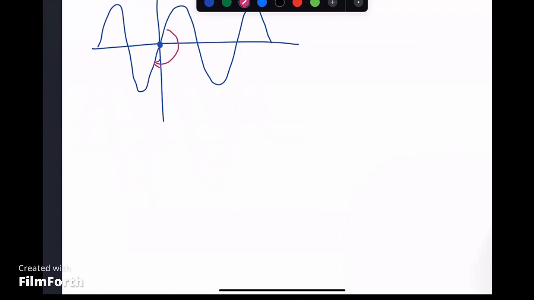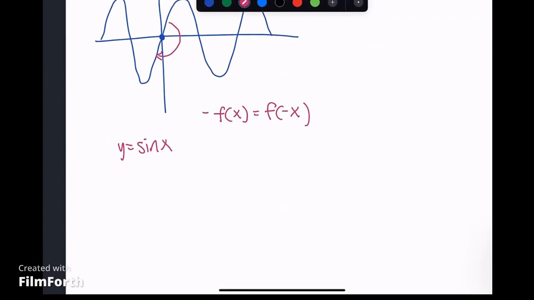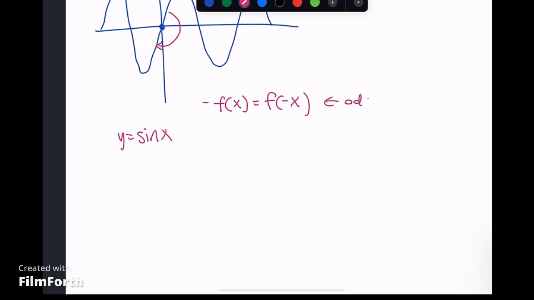Or let's say y equals sin x. We know an odd function should satisfy this, sorry, my bad, an odd function, not an even function. So we basically want to prove that this is true.